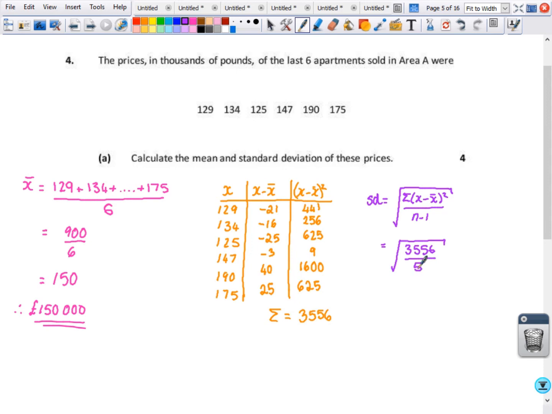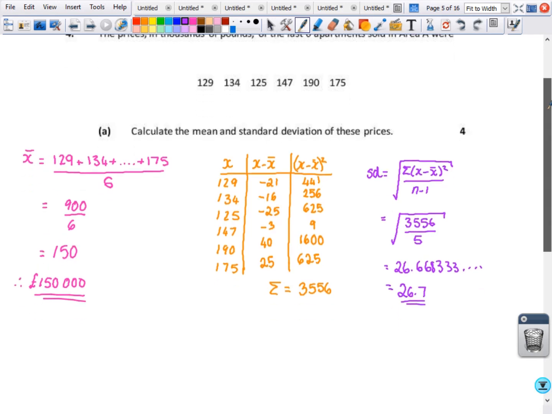So we'll divide that answer by 5, and don't forget your square root. That gives me 26.66833, and it goes on and on and on. And let's round that. Are we told anything about rounding? No, we're not. So let's just do 26.7. That's my standard deviation.